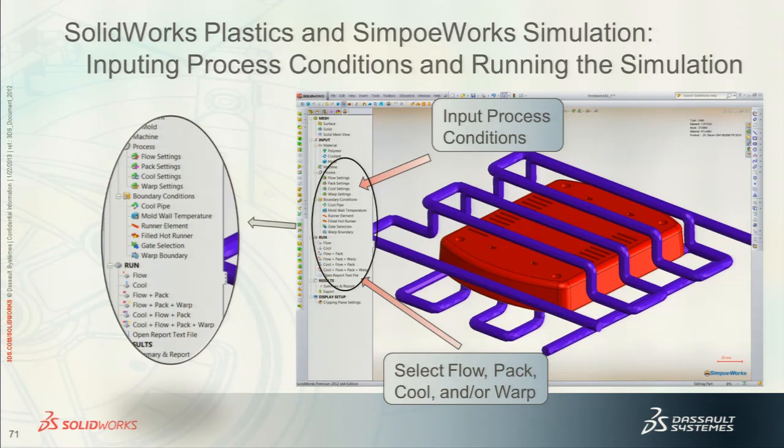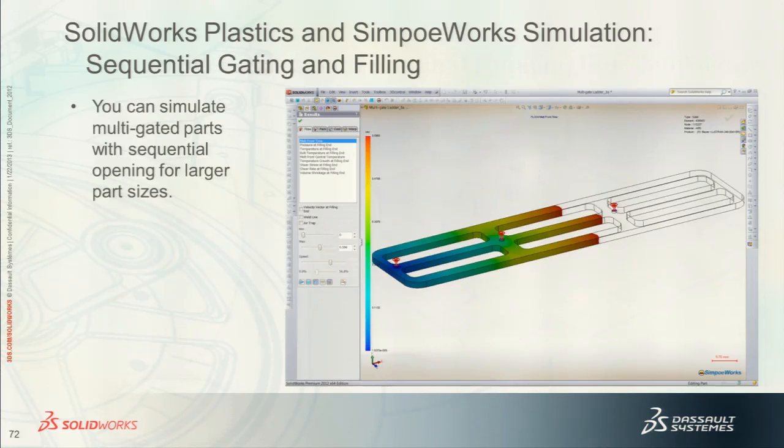You just go down the list and fill in the various parameters of your molding cycle and your material properties. It's very straightforward. Nothing very complex about that.